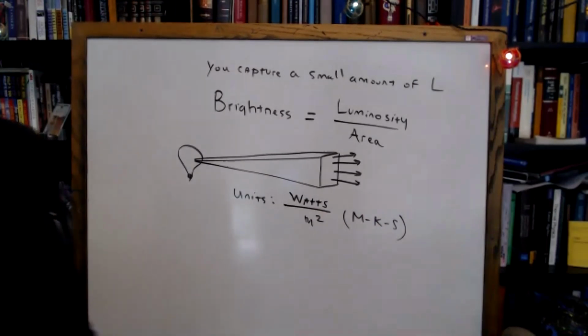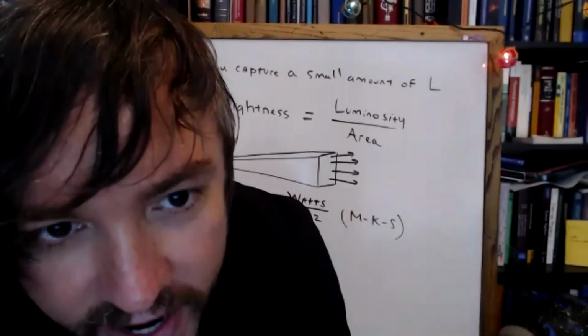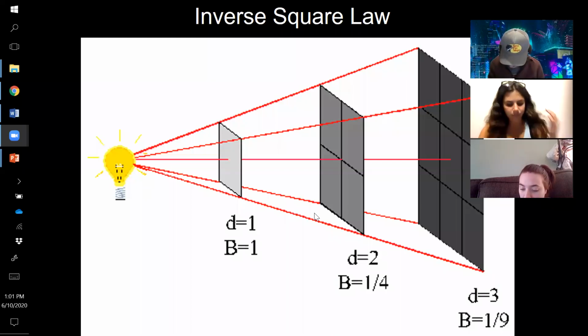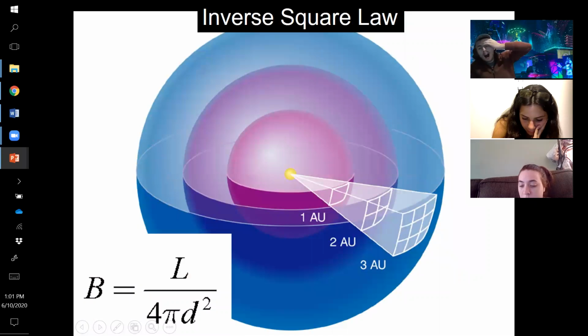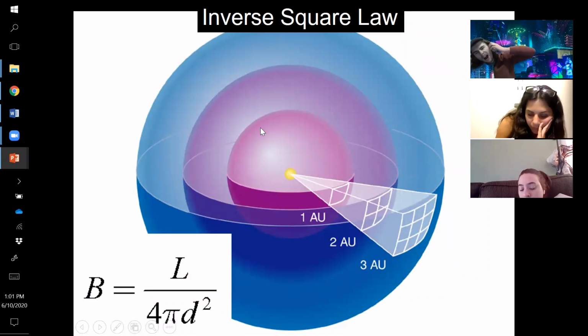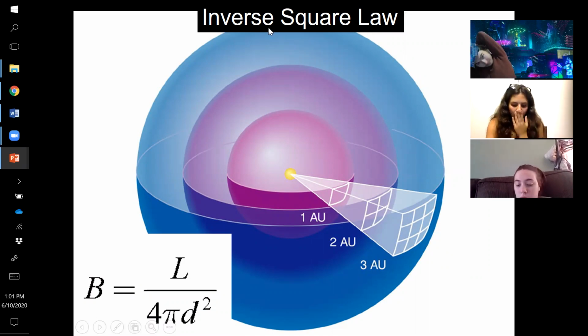Now, typically you want to imagine that the luminosity is being spread over a spherical shell. Here we focused on a single narrow beam, but what if I analyzed the entire surface at once? Let's imagine I've got a star, and the 4 times 10 to the 26 watts just keeps getting spread out over bigger and bigger areas of a sphere. In that case, we can create a really famous formula called the inverse square law.